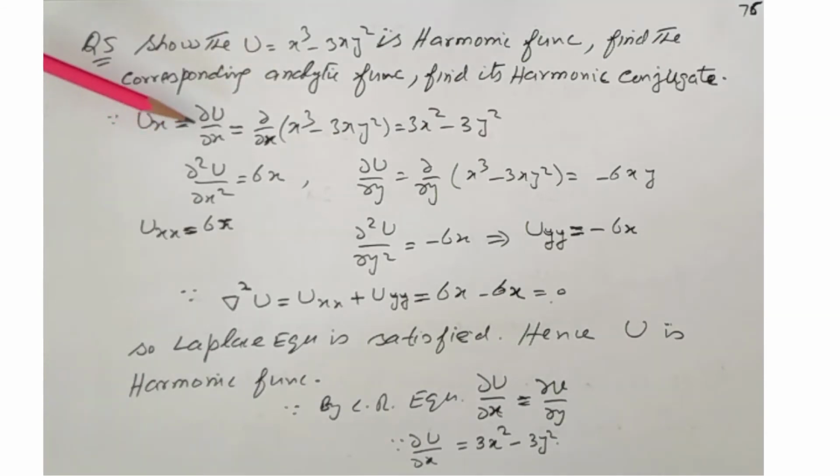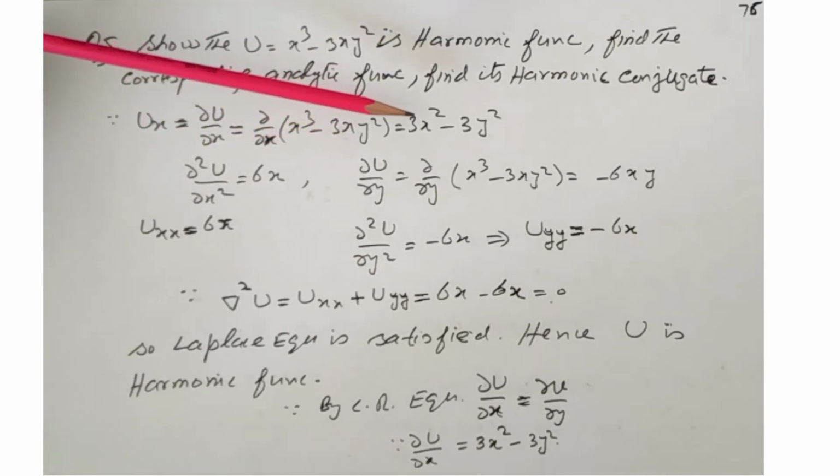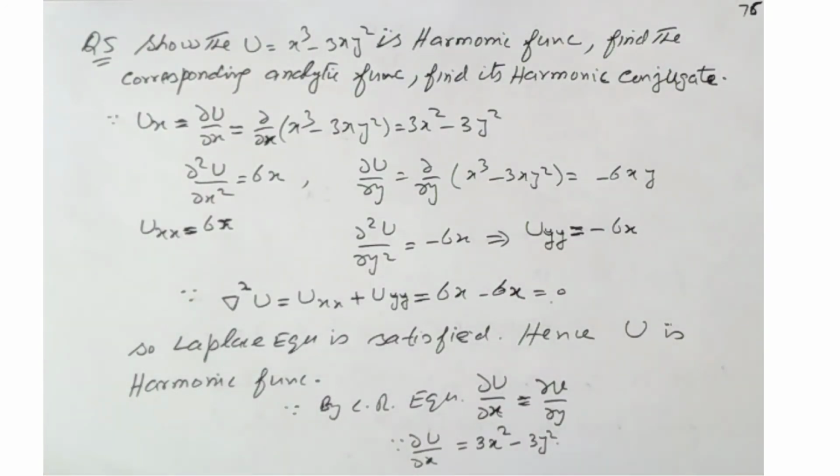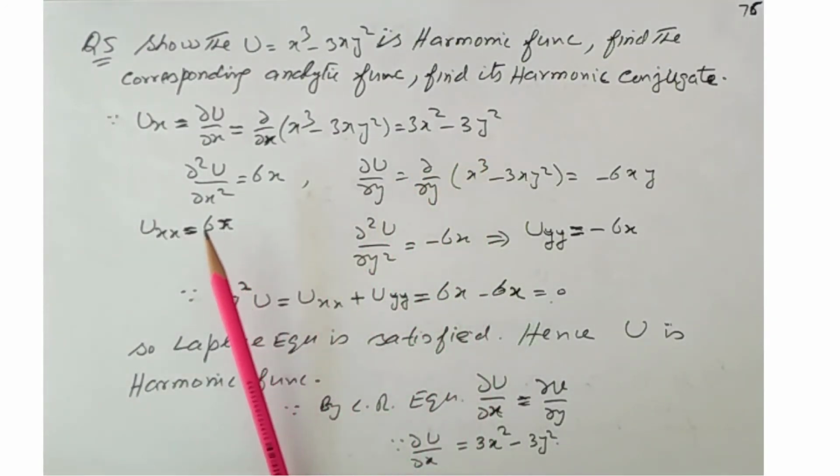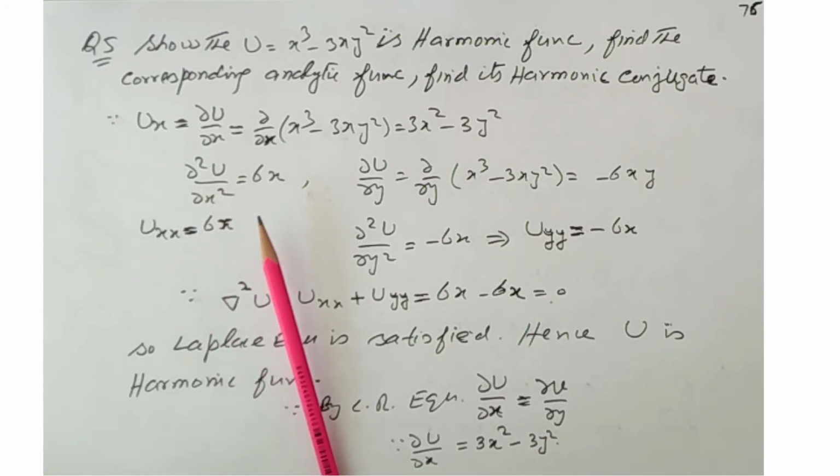Again we differentiate partial u over partial x with respect to x, it becomes partial square u over partial x square. The derivative of this term is 6x and its derivative becomes 0. So we get partial square u over partial x square equal to 6x.